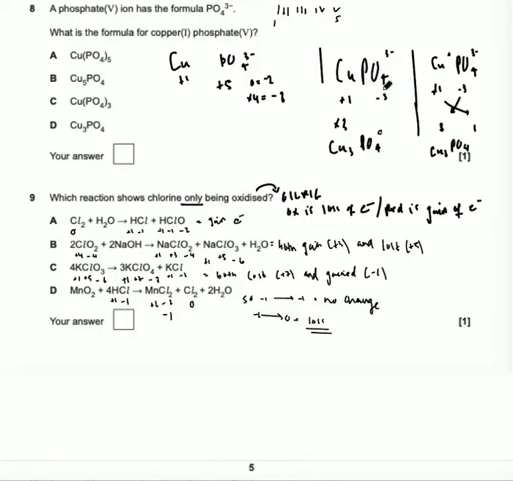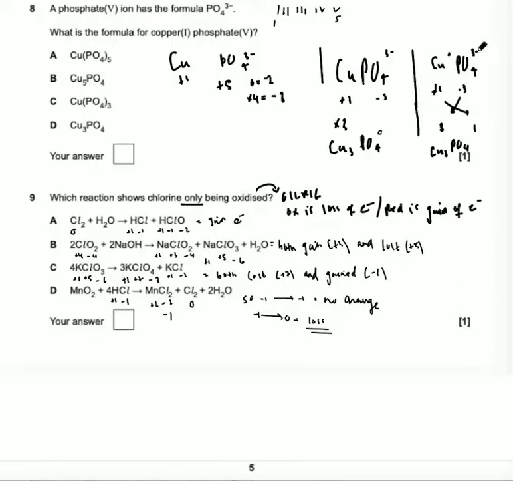We don't change the PO4, because all the charges are correct, and this ion is a negative ion, so we need to add coppers to make the formula positive and get to 0. So it's Cu3 and PO4.